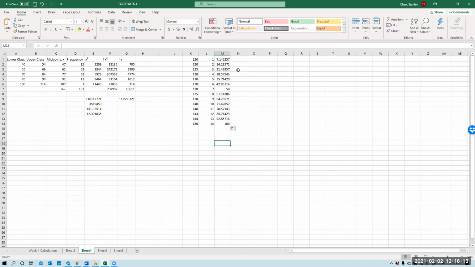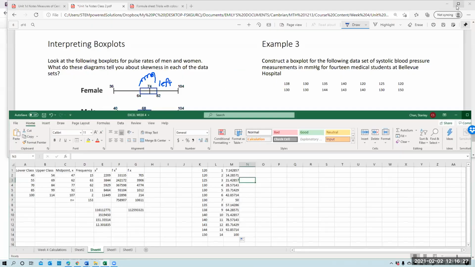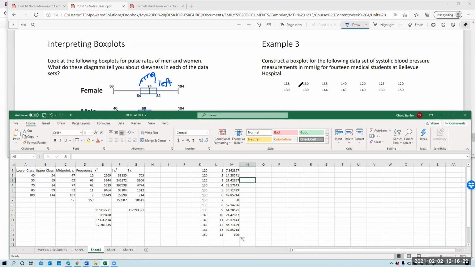In order to find my 25th percentile, I'm actually going to have to take a mean between these two data points, so the 3 and the 4. So that basically, in order to calculate my Q3, I'm going to.